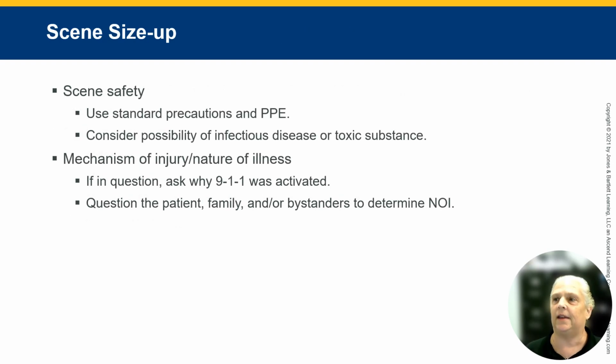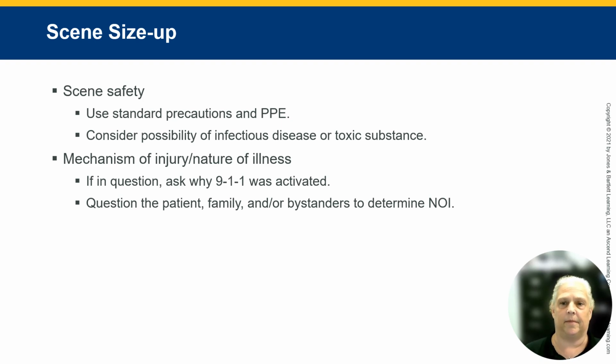So when we get on scene, we're always going to make sure that we are using our proper PPE. We always need to consider the possibility of it being an infectious disease, toxic substance. If we have multiple people with dyspnea, we need to consider that it may be an airborne hazmat.